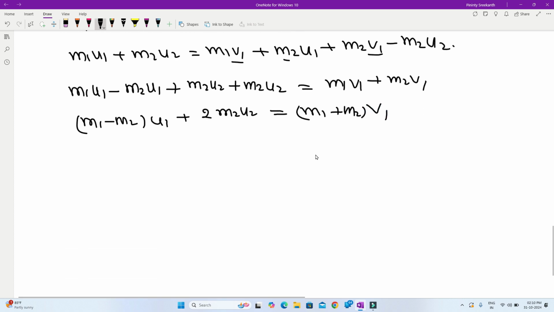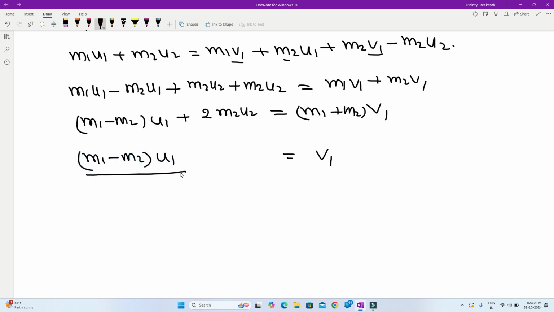Now write v1. v1 is equal to (m1 − m2) u1 by (m1 + m2) plus 2 m2 u2 by (m1 + m2).